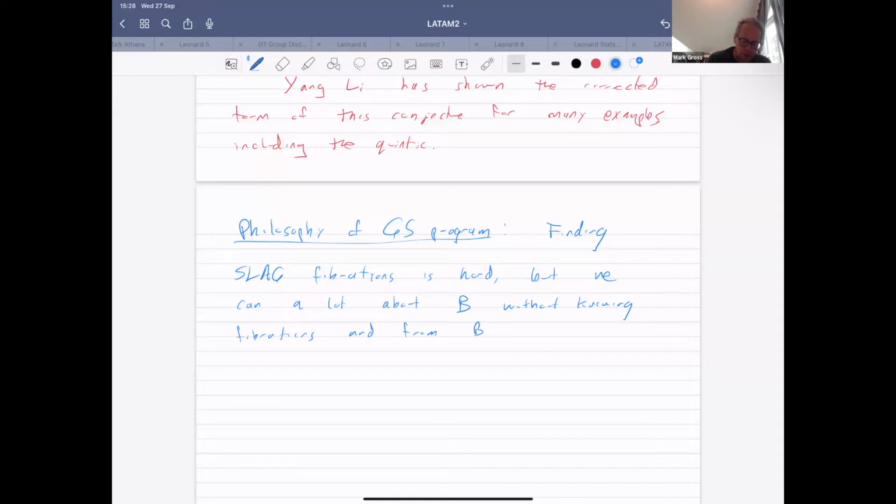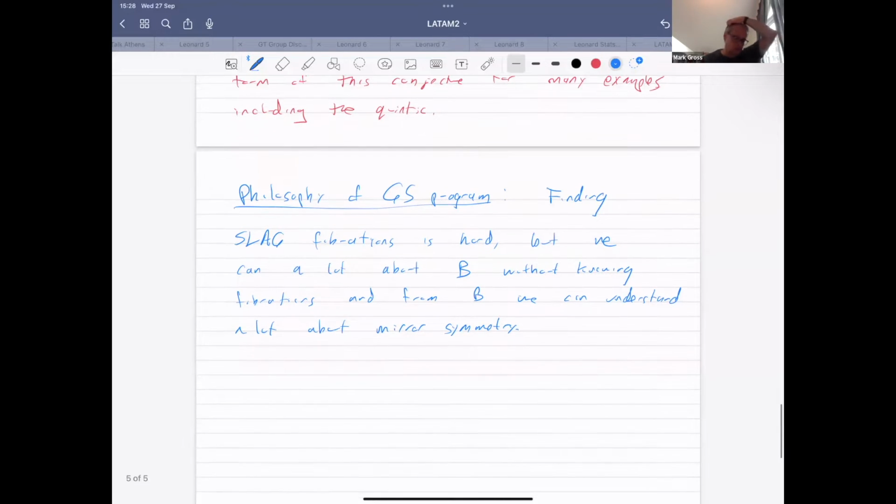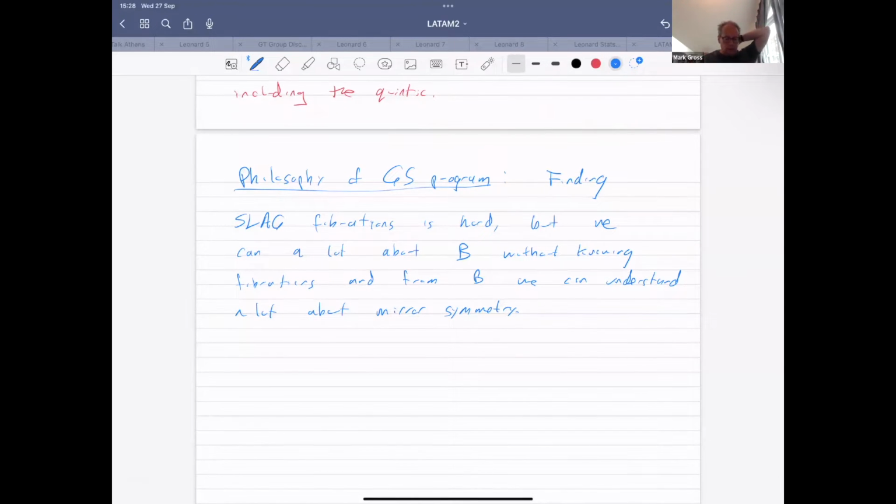From B, we can understand a lot about mirror symmetry. Okay. So that is where we're going to really start.